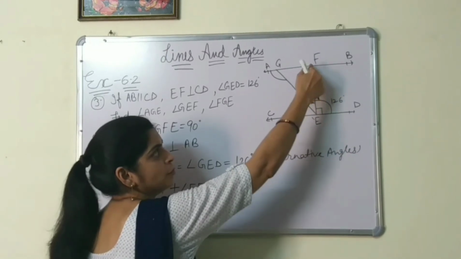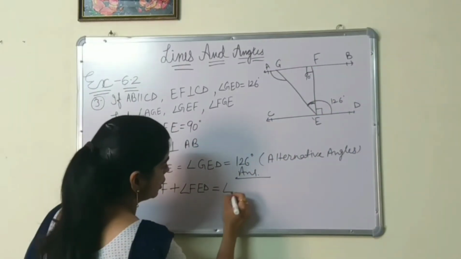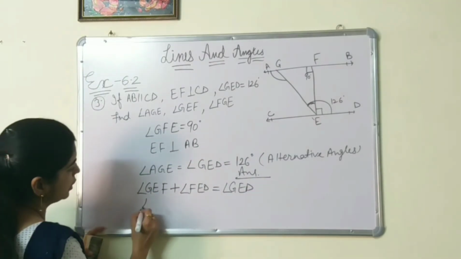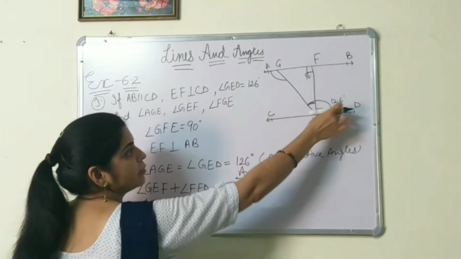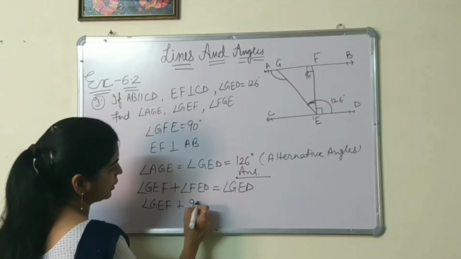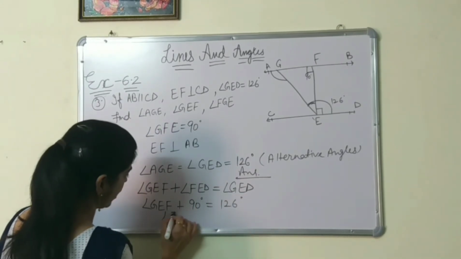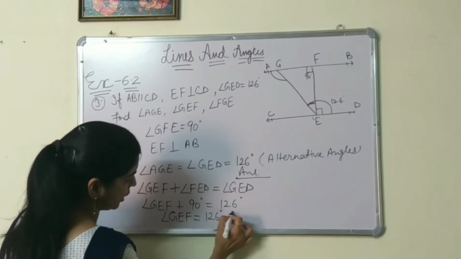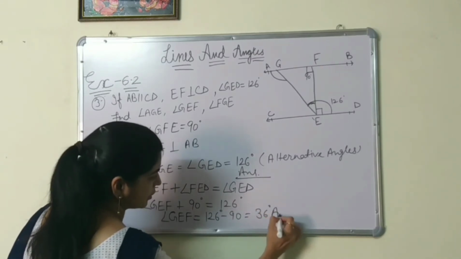Angle GEF plus angle FED will be equal to angle GED, and the value of angle FED is 90 degree and angle GED is 126 degrees. So angle GEF is equal to 126 minus 90 degree. It will be equal to 36 degree.